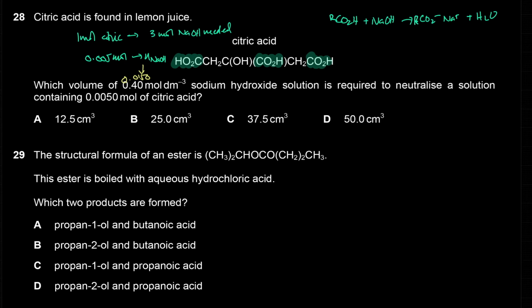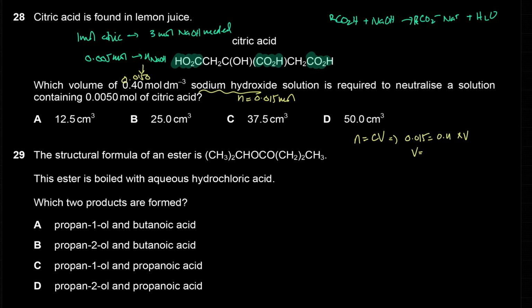So we figured out the number of moles of NaOH needed: 0.015 moles. Can we figure out the volume? We have the concentration and the number of moles. We know number of moles is concentration times volume. The number of moles is 0.015, the concentration is 0.4, and the volume is what we have to find.